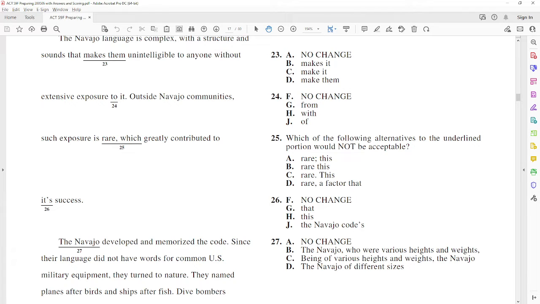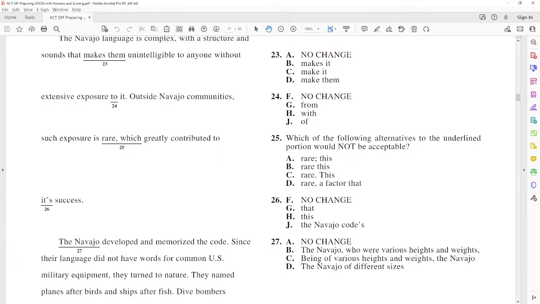If you see period and semicolon, just a single semicolon, and everything else the same, you can pick neither because they're both wrong. In this case, they're both wrong answer choices because they would both be acceptable. That would be a period or semicolon or proper punctuation between independent clauses. B creates a second independent clause. This greatly contributed to its success, but then it puts no punctuation between that and the first independent clause.